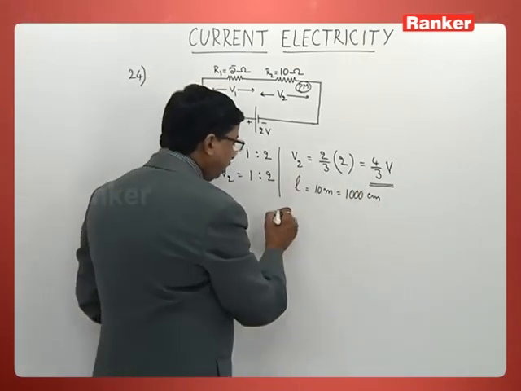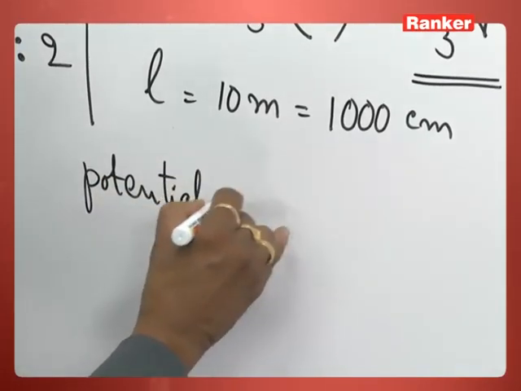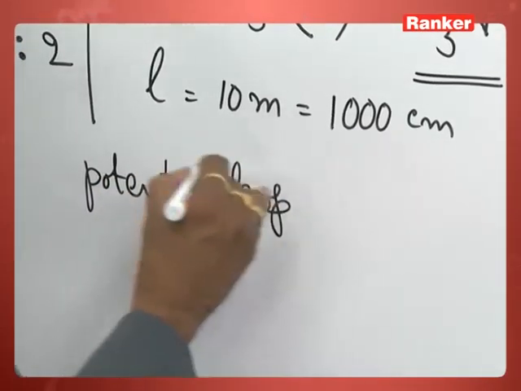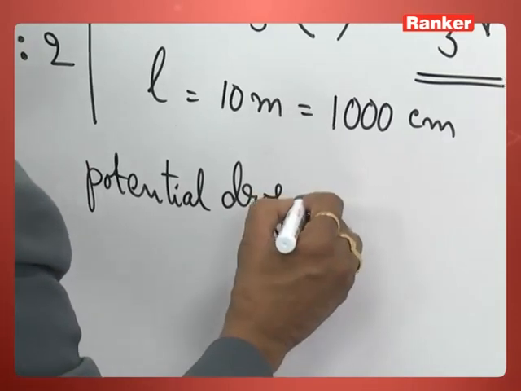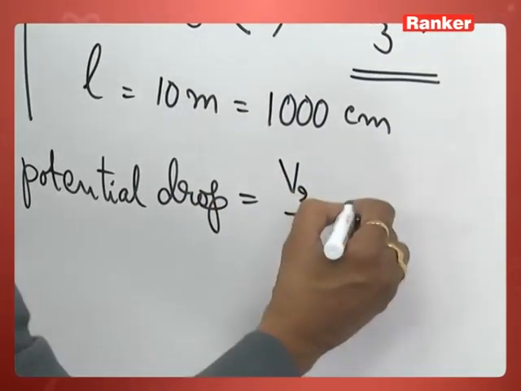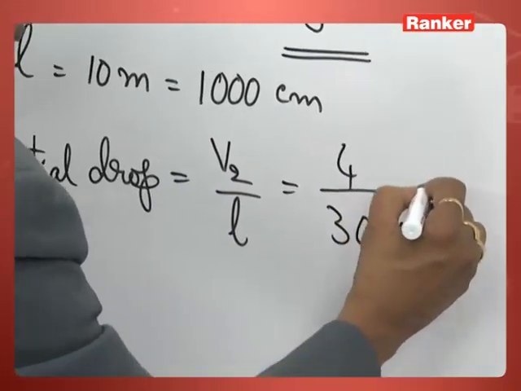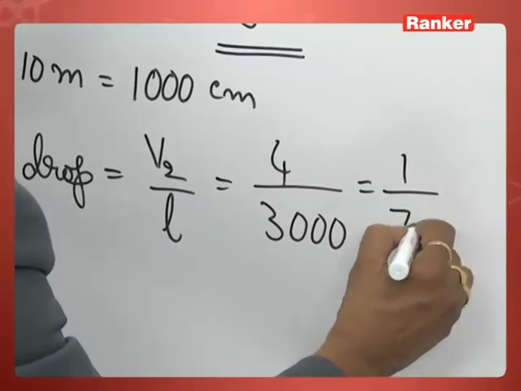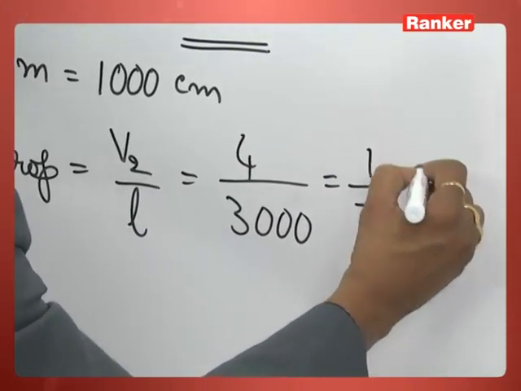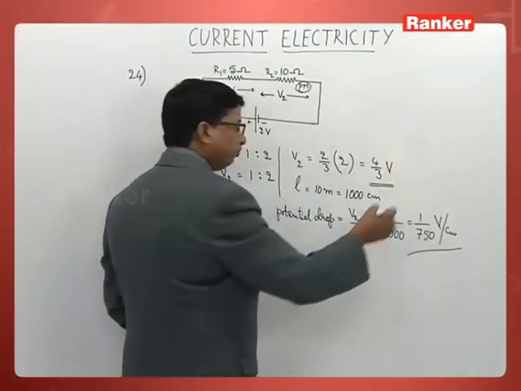Now what will be the potential drop? Potential drop across the wire of the potentiometer, that is nothing other than V2 by L. So you can write 4 by 3000, which in turn 1 by 750 what? Volt per centimeter.